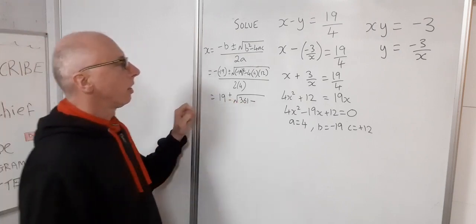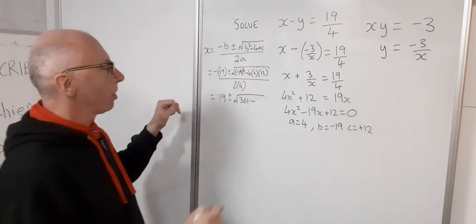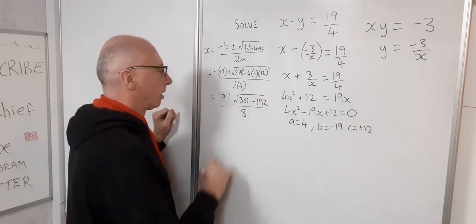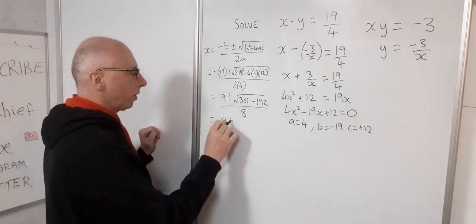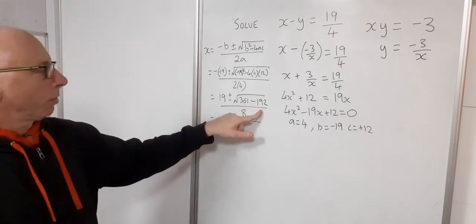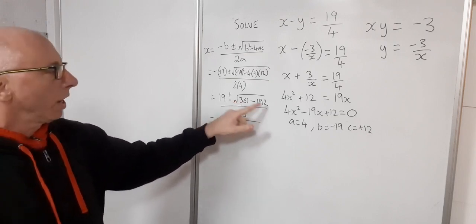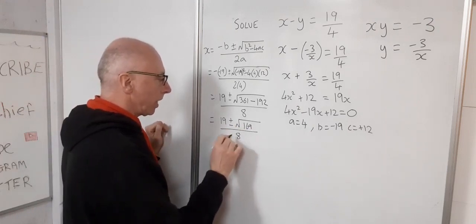And then minus 4 fours are 16, 16 times 12, that's 192. And then divide all that by 8. Okay, let's simplify again. So I've got 19 plus or minus the square root of 361 minus 192. Well, 361 minus 200 is 161, and then add on 8, 169. And then divide all that by 8.